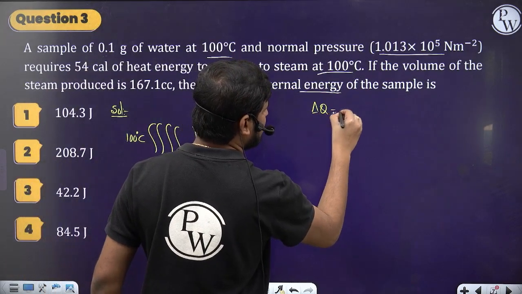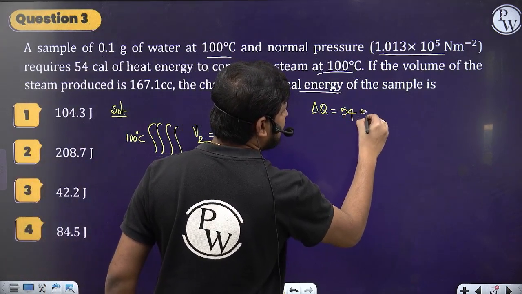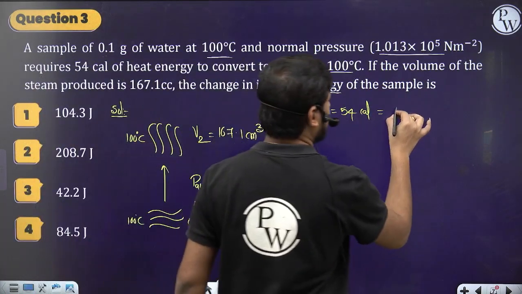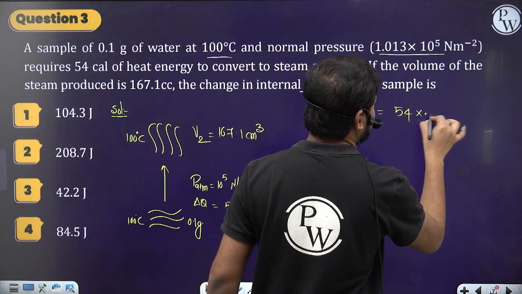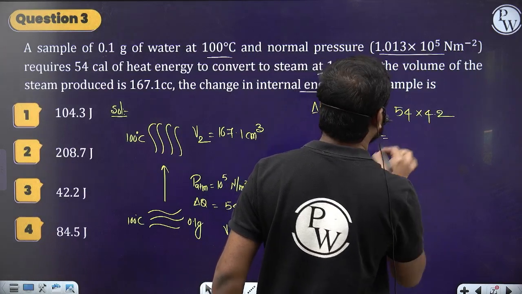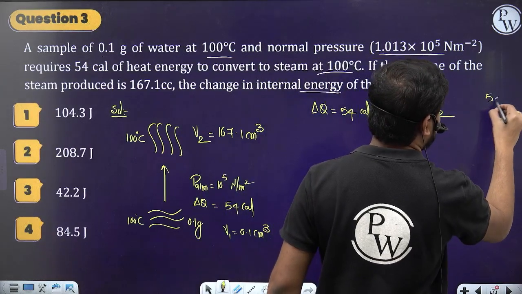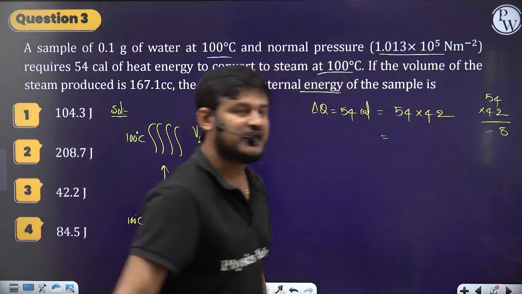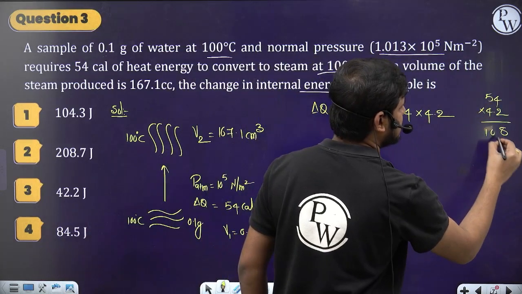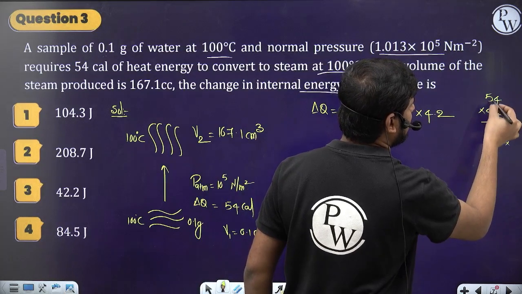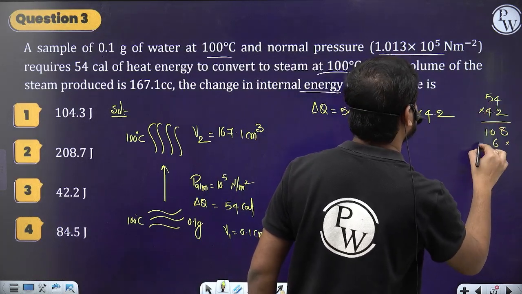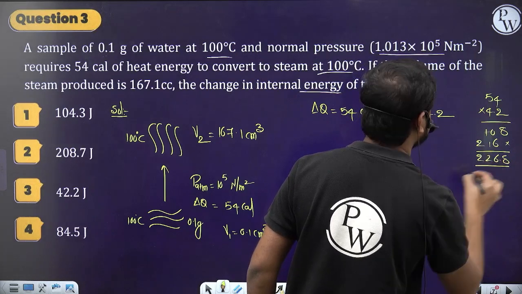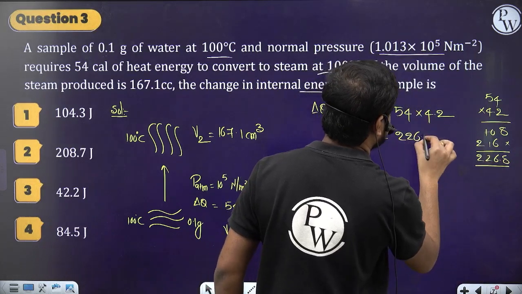What is delta Q? 54 calorie. Convert it to joules, guys. Calorie to joule, multiply with 54 into 4.2. So how much do we get? 54 into 4.2, we get 226.8 joules.